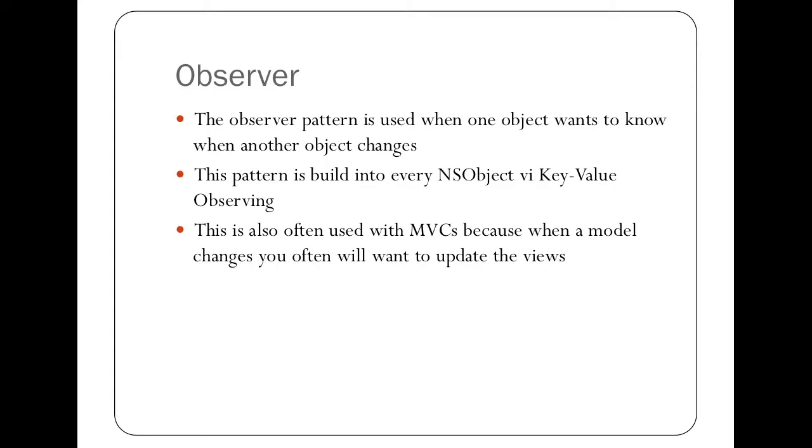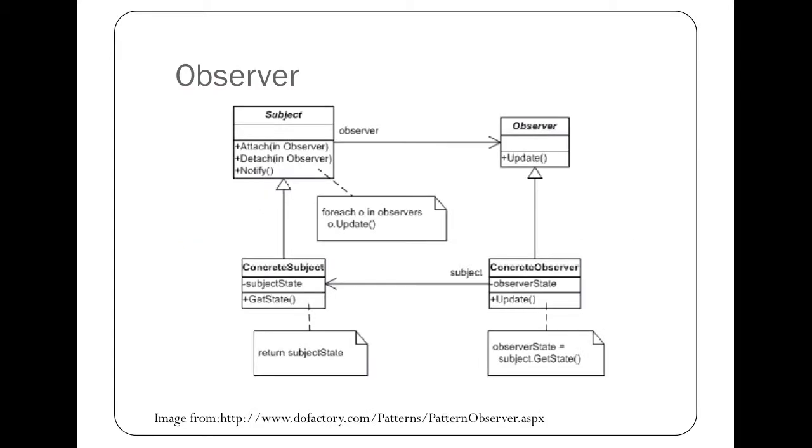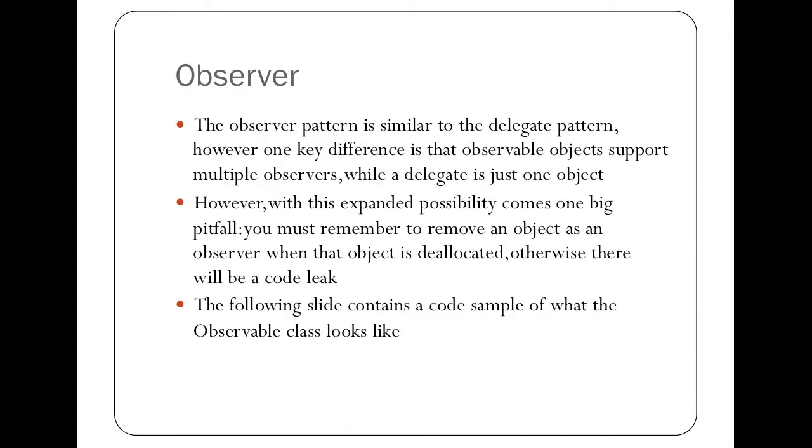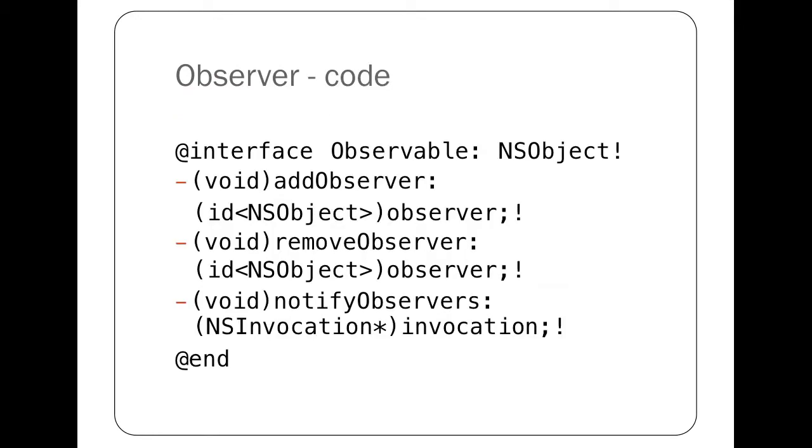This is the observer design pattern. It is similar to the delegate pattern, but the main difference is that the delegate pattern is one to one, whereas the observer pattern is one to many. So one object can be observed by multiple objects, and they can react in that way.